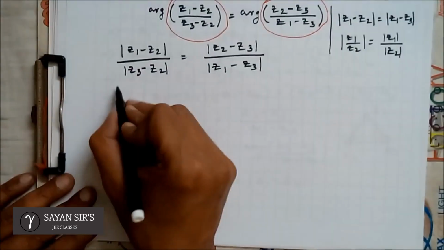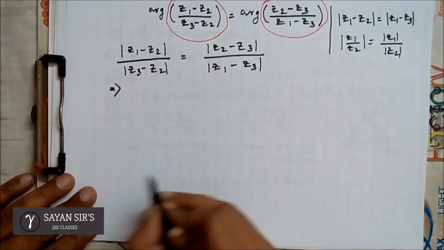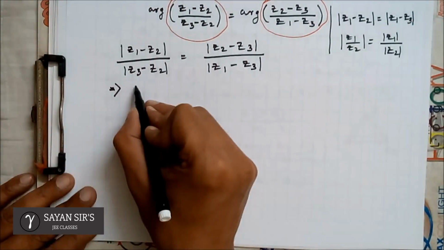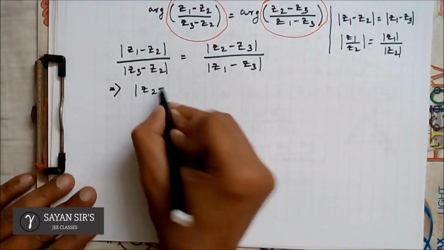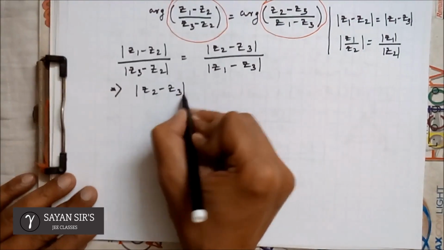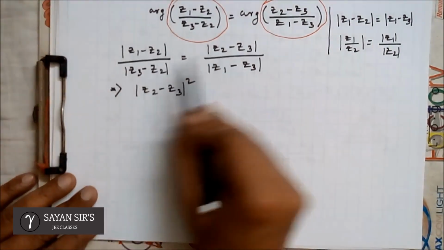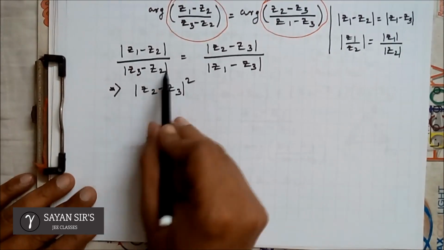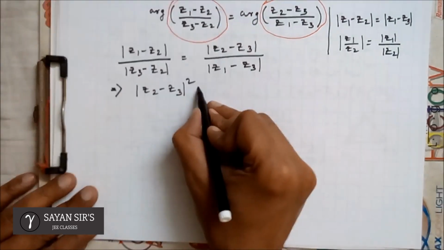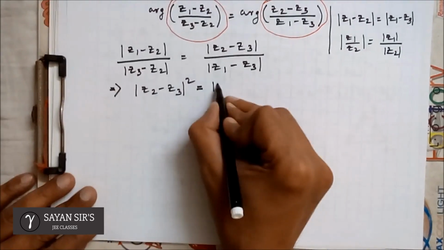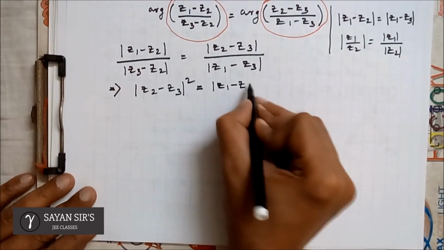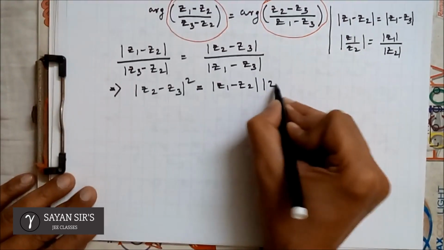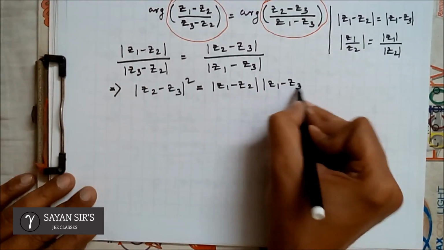So if I cross multiply, I can say that mod of (z2 minus z3) whole squared, I'm actually multiplying these two terms, and because we are within mod, it doesn't matter if I write z3 minus z2 or z2 minus z3. This equals mod of (z1 minus z2) times the mod of (z1 minus z3).